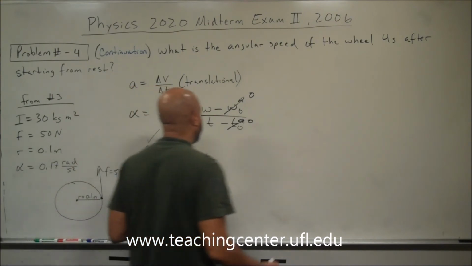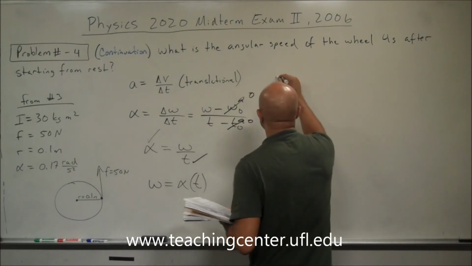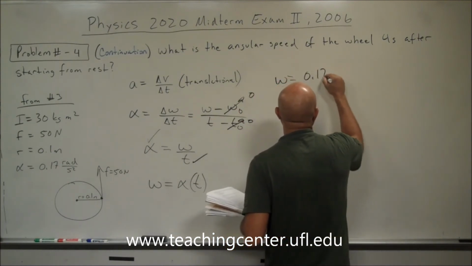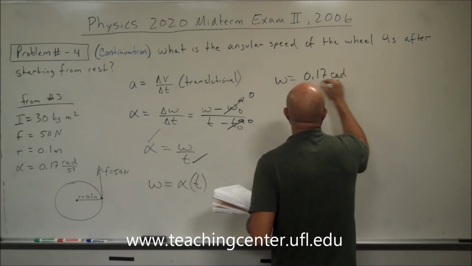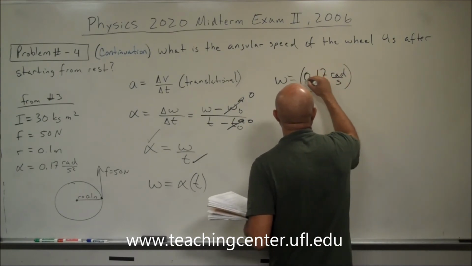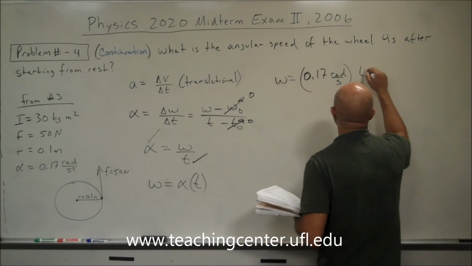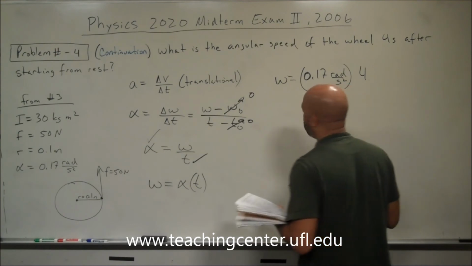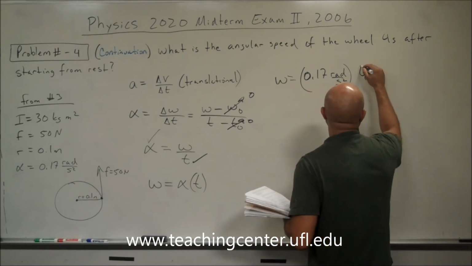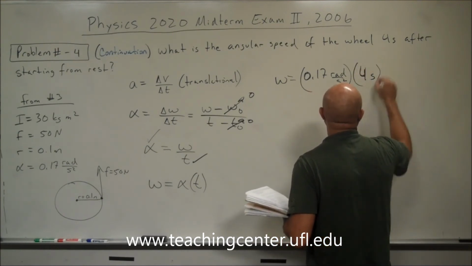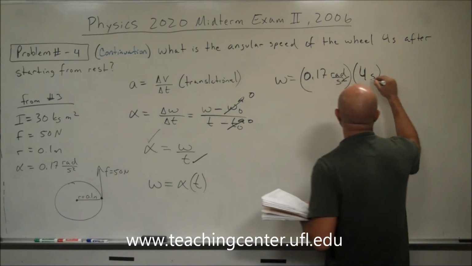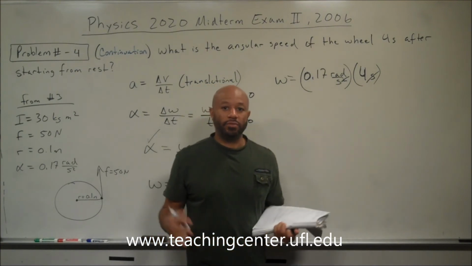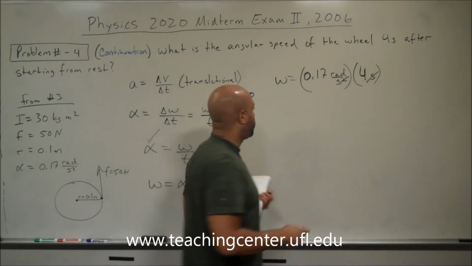So we can just go ahead and substitute in the information. We know that the angular acceleration is 0.17 radians per second squared, and we know that the time is 4 seconds, so one of those seconds cancels out, and what we're left with is radians per second, which is an angular velocity.